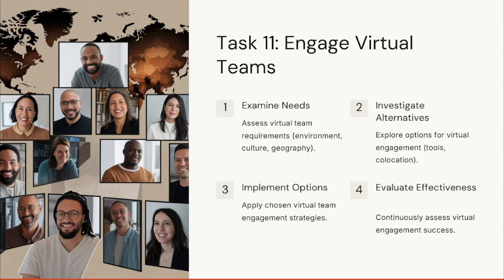The second key enabler here we have is to investigate alternatives for virtual team member engagement. The questions here may require you to explore and compare tools and strategies to enhance the virtual team engagement.